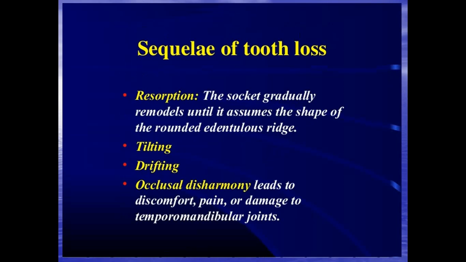Okay, this slide shows us lots of problems associated with the tooth loss. So first what we see is resorption. So we see that when the tooth is extracted, the alveolar bone around the root previously standing there, which we say the socket, is gradually remodeled and decreases in volume.